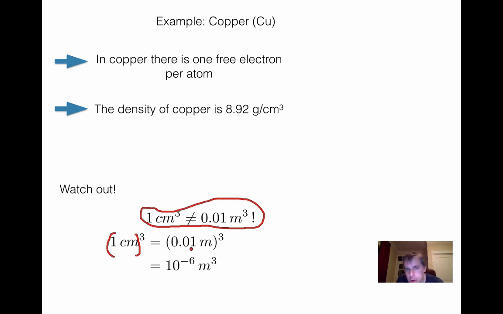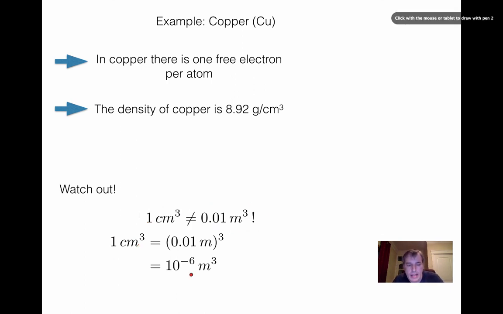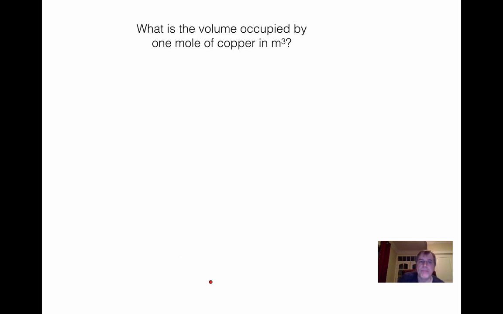So you have to cube the 0.01. 0.01 is 10 minus 2, and you cube that, you get 10 minus 6. So the end result is that 1 centimeter cube is a millionth of a meter cube. Okay. Now we can do examples.